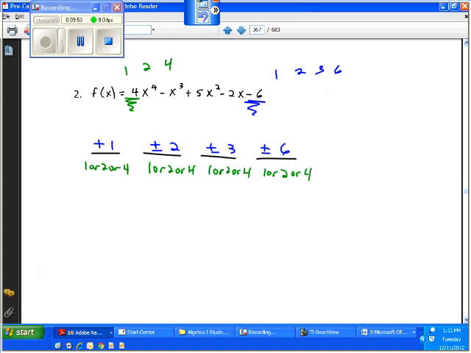Now this one's got a lot of possibilities. You've got plus or minus each of the factors of the constant, each one over each of the factors of the leading coefficient.